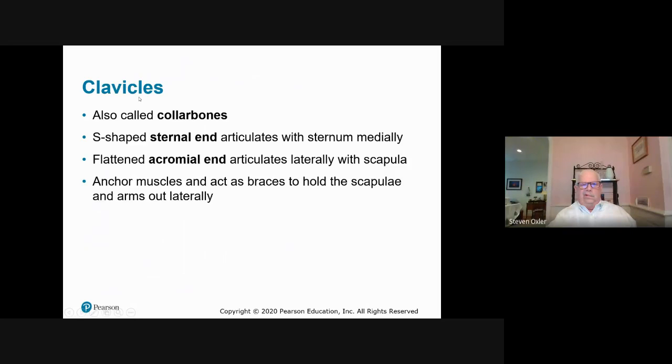Collarbones, clavicles. The sternal end attaches to the sternum. It is known as the sternoclavicular joint. The acromial end attaches to the scapula. This is the acromioclavicular joint. It anchors the muscles that hold your shoulder bone in place.